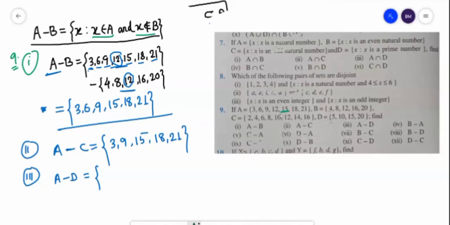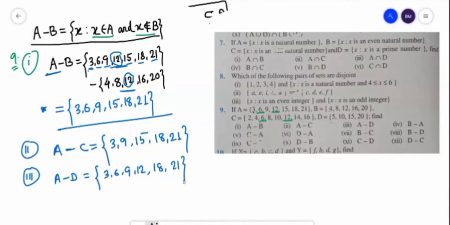So 15, we have to omit this element from A. Then what will A minus D be? Only 15 is subtracted from A: 3, 6, 9, 12, omit 15, then 18 and 21. This is A minus D.